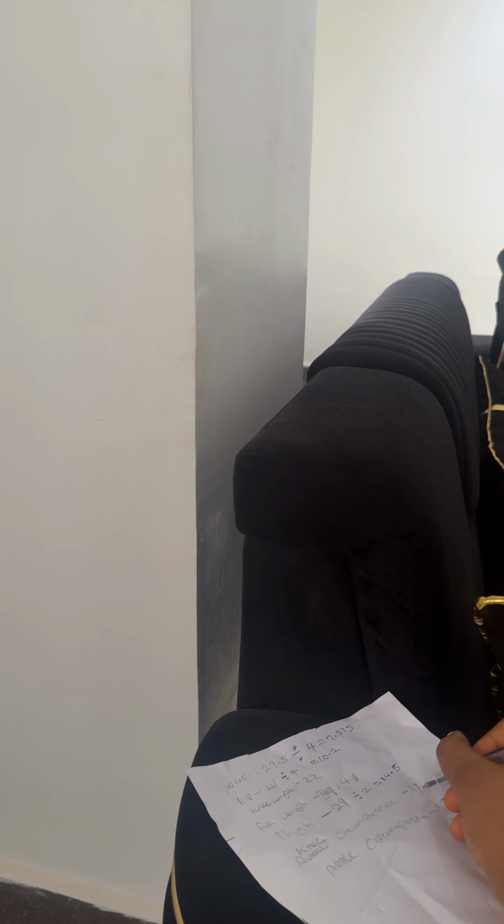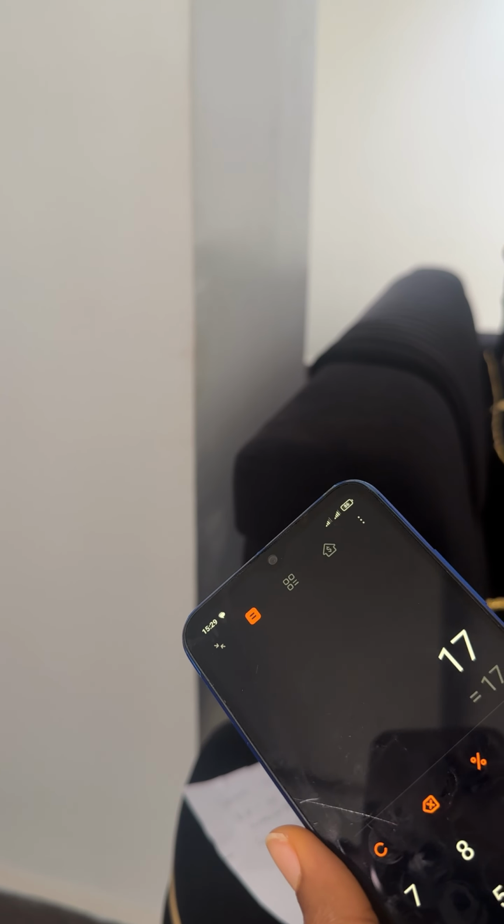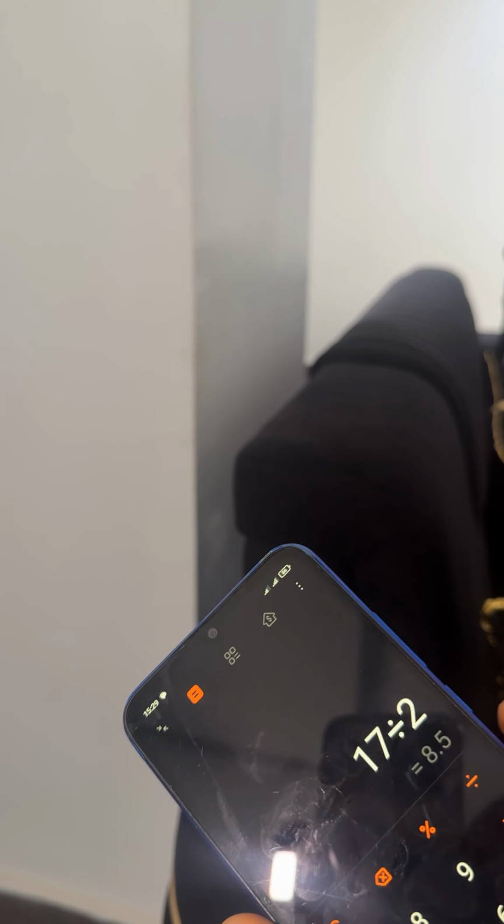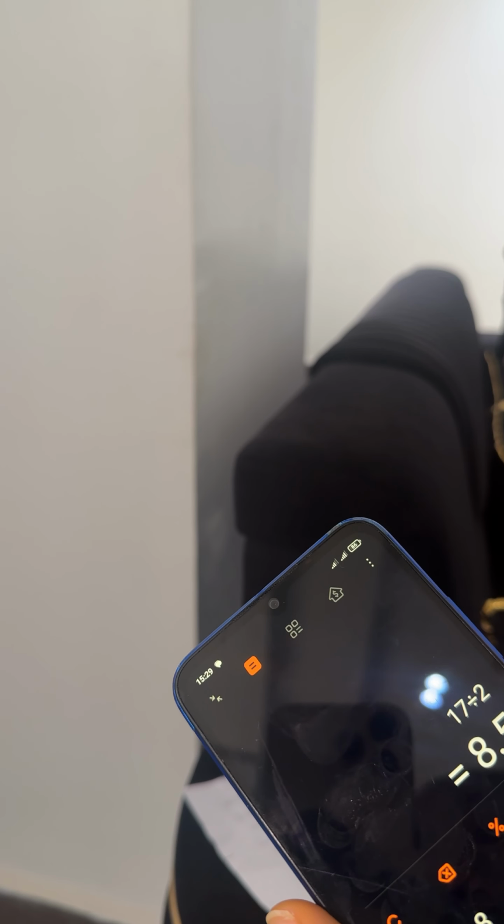So that's the thigh circumference for this, 14.5. Now when it comes to the knee circumference, the knee circumference is divided by 2. Now we say 17 divided by 2 is 8.5. But most times I always divide my knee circumference by 4.